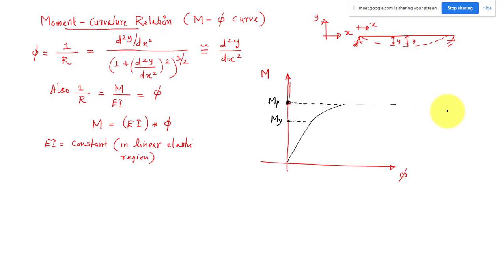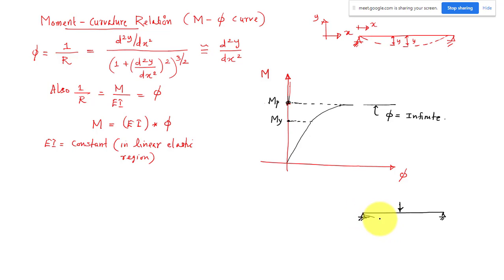After that there is an increase in curvature, and I will say the curvature is infinity at this point. If you take a simply supported beam, let us apply a point load.